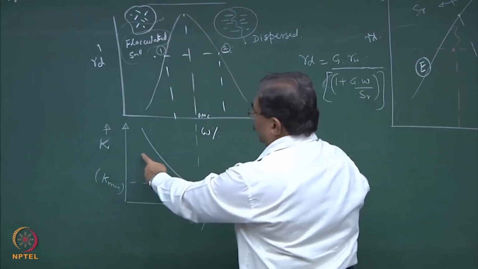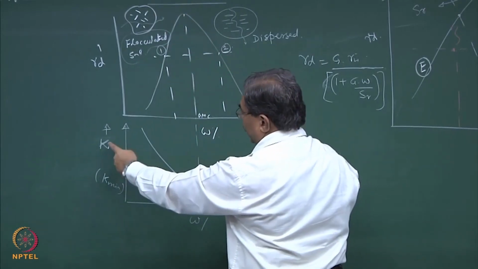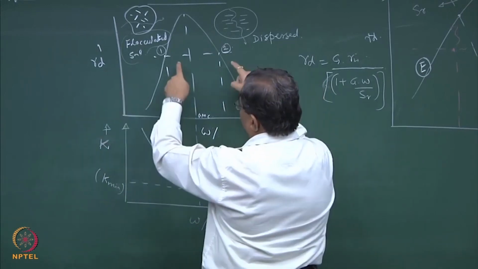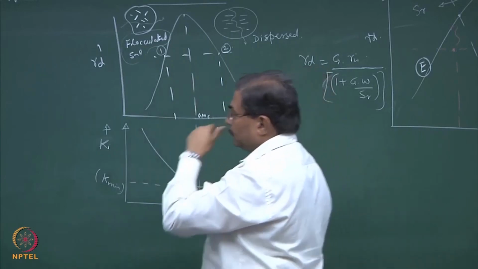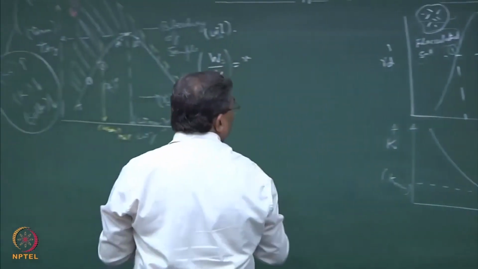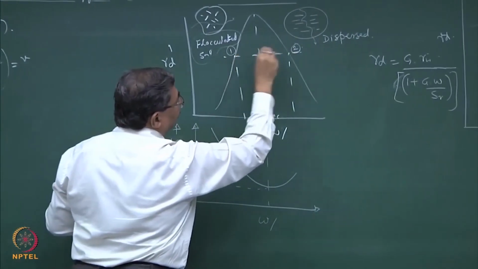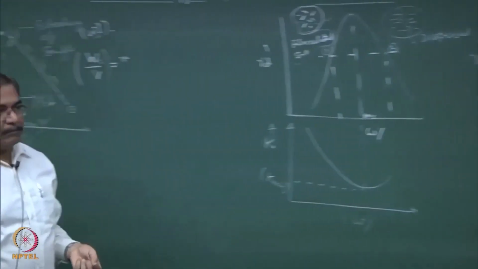So, this is one of the ways to match hydraulic conductivity, moisture content variation with gamma d, moisture content variation on the compaction curve. This point still remains partially unanswered, that what is the difference between 1 and 2 when the gamma d is same.